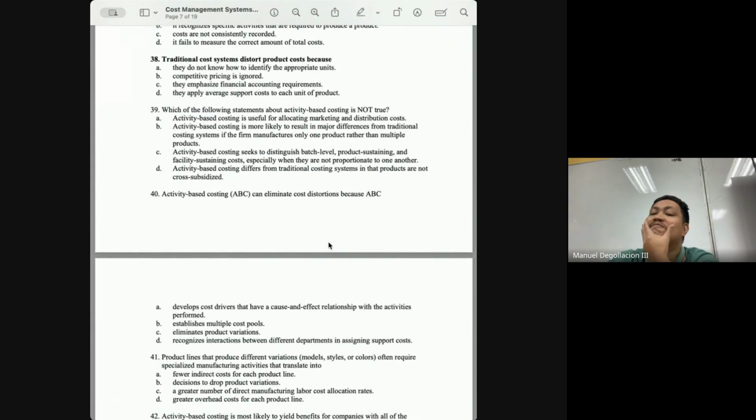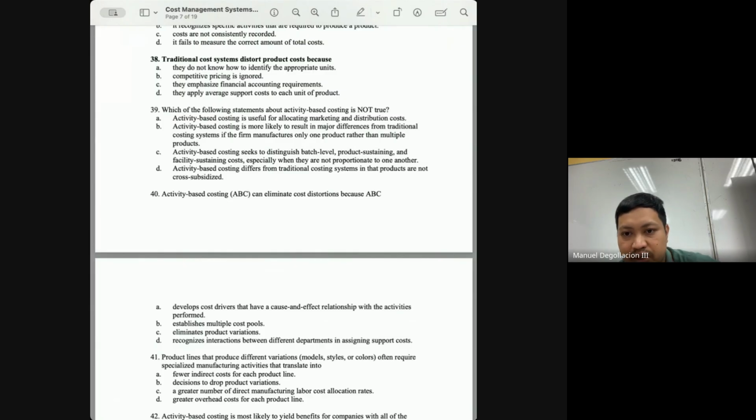39, which of the following statements about activity-based costing is not true? We're looking for a statement that is not true. Letter A, activity-based costing is useful for allocating marketing and distribution costs.